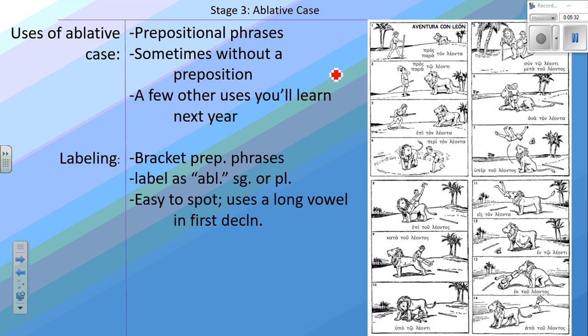So what you see here in the picture, this is actually Greek prepositional phrases. But this is how I was taught prepositional phrases when I taught Greek, with a man and a lion. So you can see some different prepositions. You can probably figure them out from the picture.